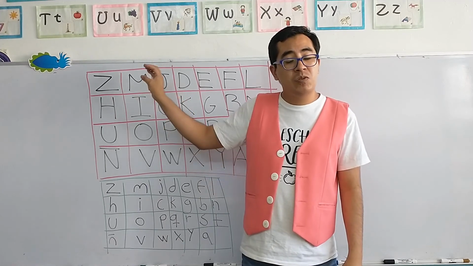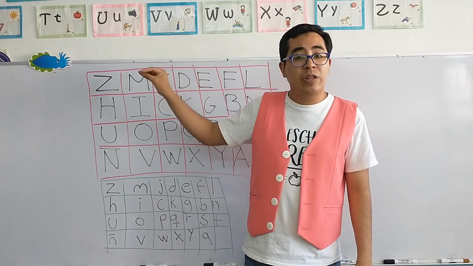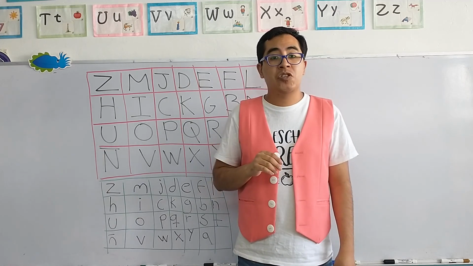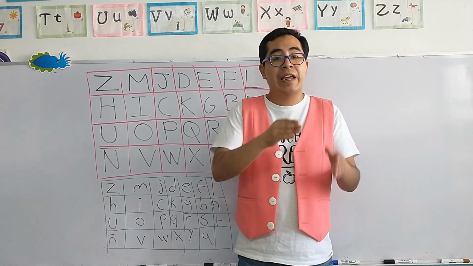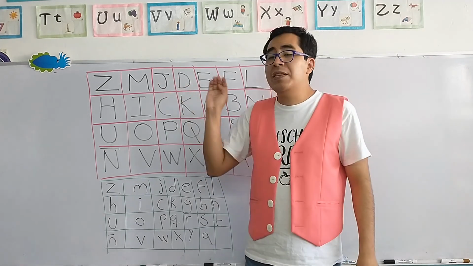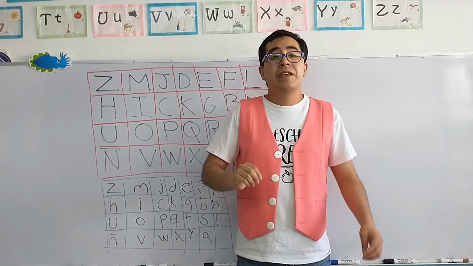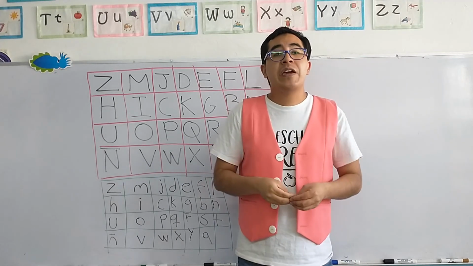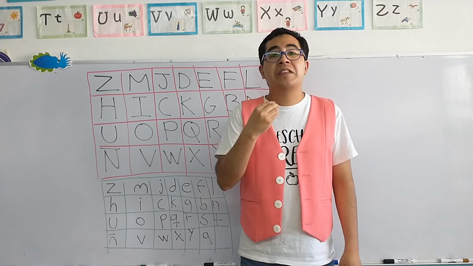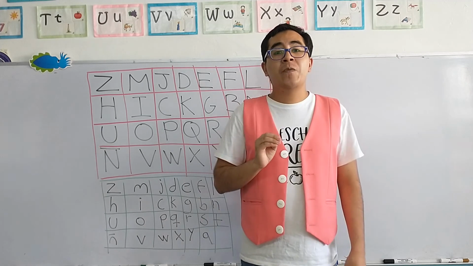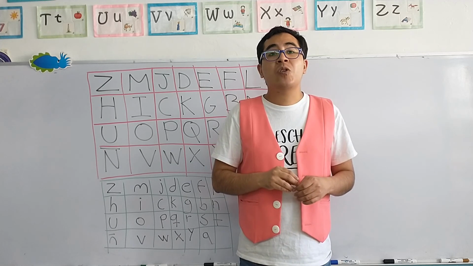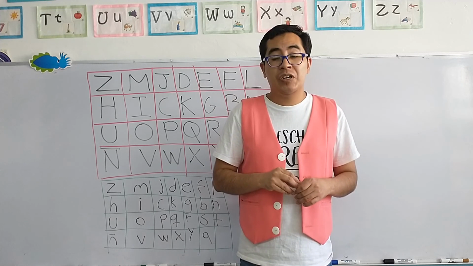Quiere decir que tenemos varios cuadritos y dentro de esos cuadritos están las letras, pero son letras en desorden, no están en el orden como las vemos, A, B, C, they are completely in disorder. This is important because the activity is to locate the letter that the teacher says. Esto es porque la actividad es que tenemos que encontrar la letra que el teacher dice.